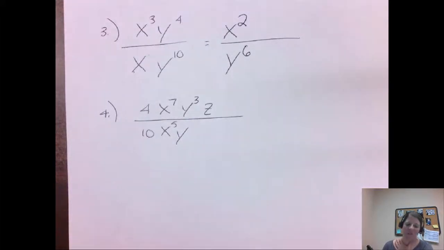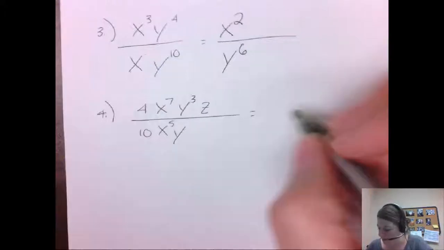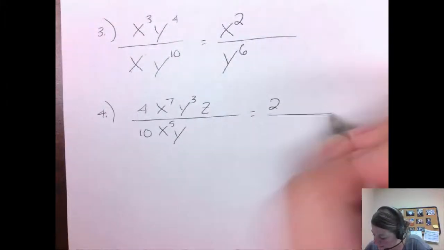Well, it's a fraction. The numbers don't have exponents, so the rules are the same as if it's a fraction. How can I reduce 4/10? Well, I reduce it by dividing both the top and bottom by 2 and get 2/5.